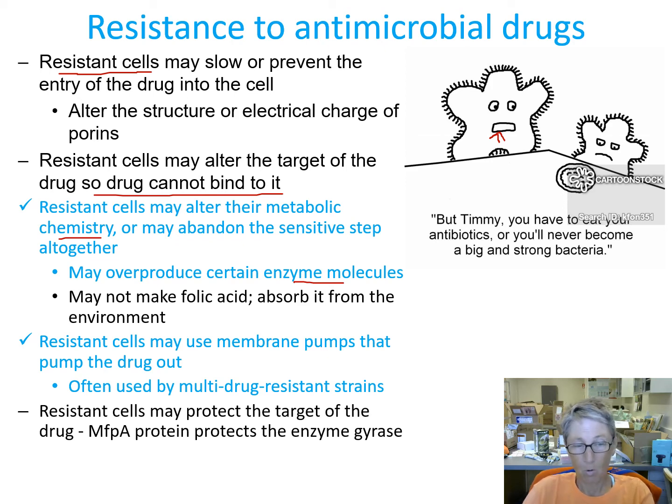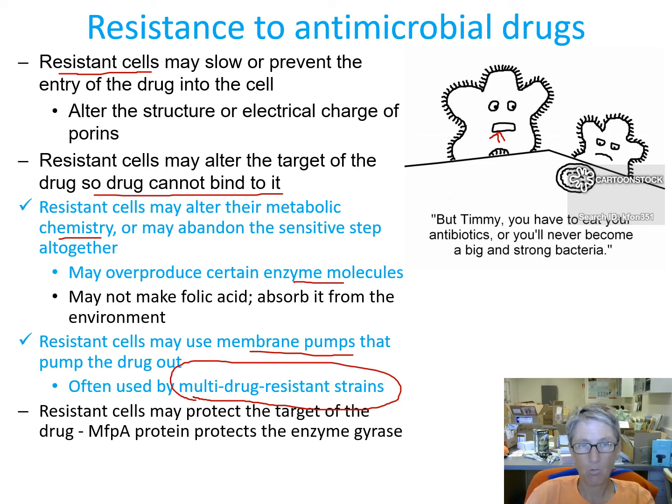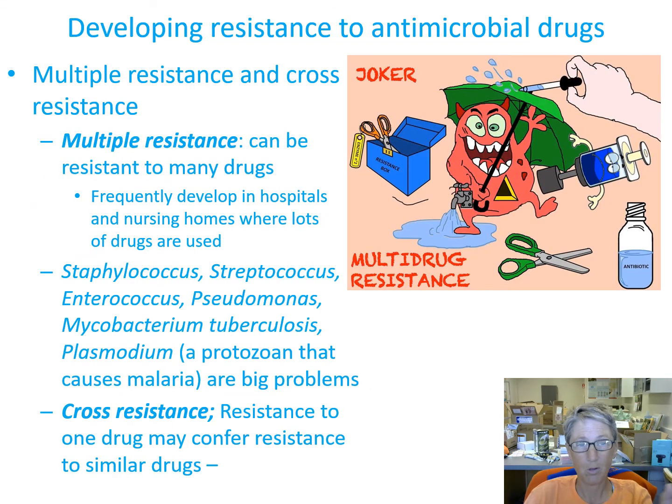If I'm a resistant bacterial cell, I could also use a membrane pump that pumps the drug out. And if you are bacteria in a multi-drug resistant strain, oftentimes you have discovered a mechanism to pump the drugs out of you so they don't kill you.